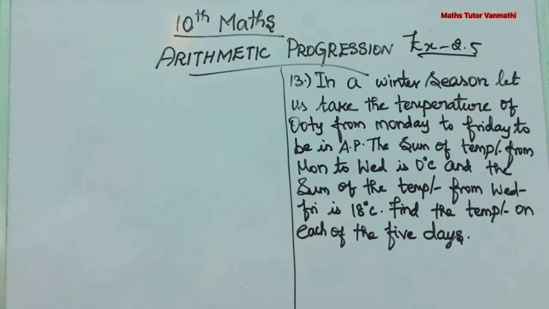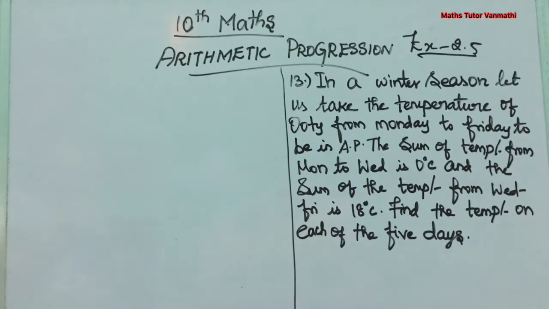What is your question? In a winter season in Ooty, they are taking Monday to Friday. They are splitting it: Monday to Wednesday, the sum of the temperature is 0 degrees Celsius, and next Wednesday, Thursday and Friday, that sum is 18 degrees Celsius.